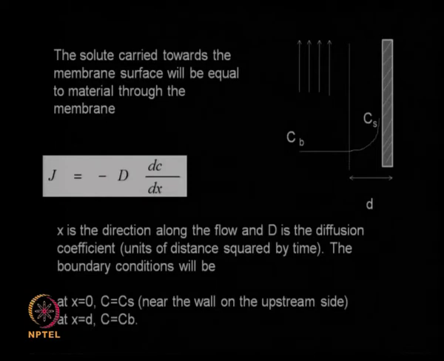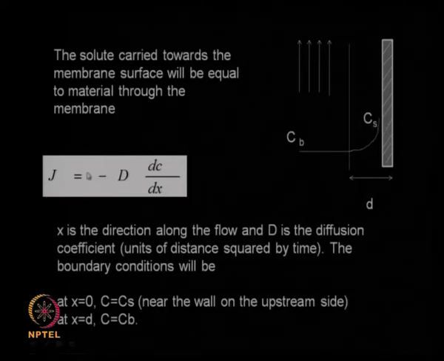Now let us look at some mathematical jugglery and calculate what will be the concentration polarization as we move from the bulk of the liquid to the surface of the upstream of your membrane. You use Fick's law of diffusion for this, because whatever solute is getting carried towards the membrane surface will be equal to the material that is passing through the membrane.